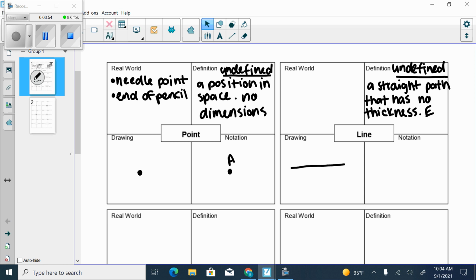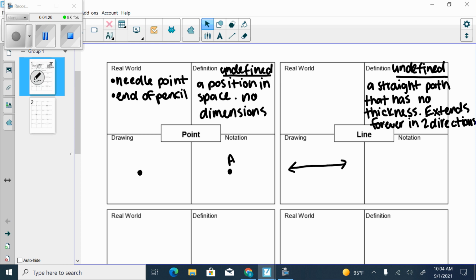So it extends forever in two directions. Okay, so back to our drawing down here. If this is supposed to extend forever, I'm going to need to put arrows on the ends of that. Okay?